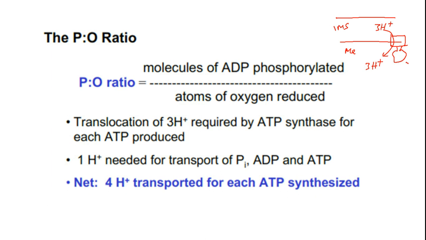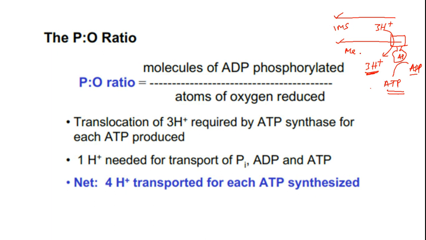For 1 mole of ATP to be synthesized from ADP, the ATP synthetase enzyme needs 3 protons to move across the membrane. So for every 3 protons we can get 1 ATP, which is in the matrix right now.